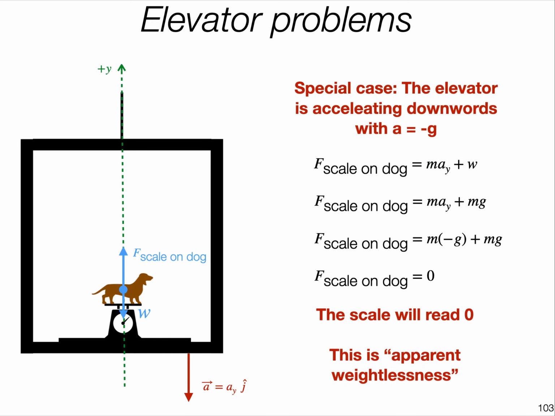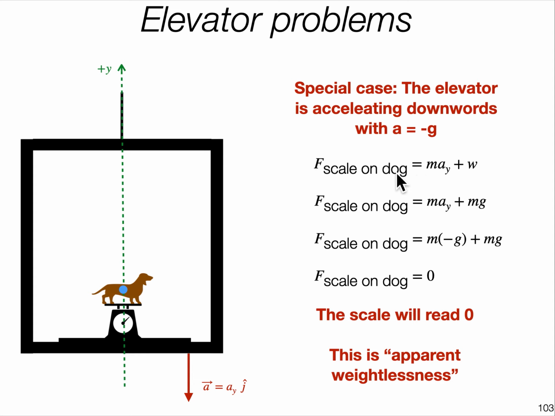And so if we take this to a very special case, say now our elevator is accelerating downwards. Oh, I should have changed my free body diagram here. I'm sorry. Let me get rid of these forces for now. Okay, let's talk about what's going on in this case. If we're accelerating downwards, then I can take the same formula we had just derived.